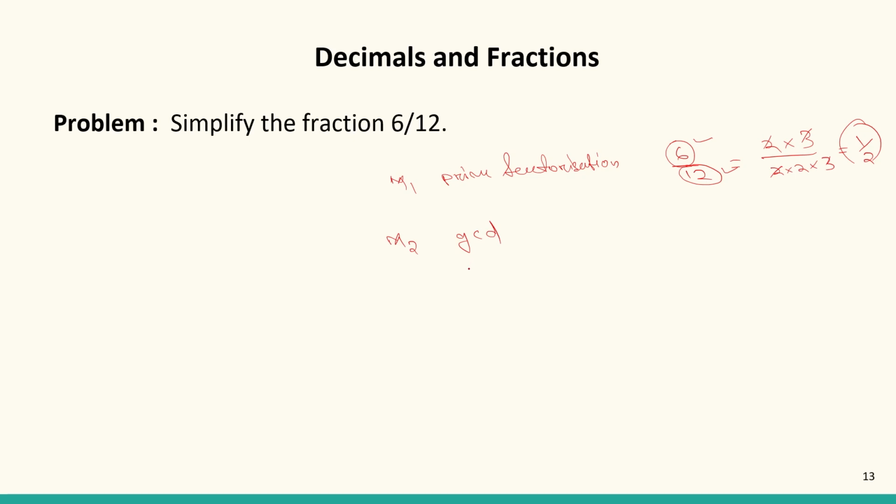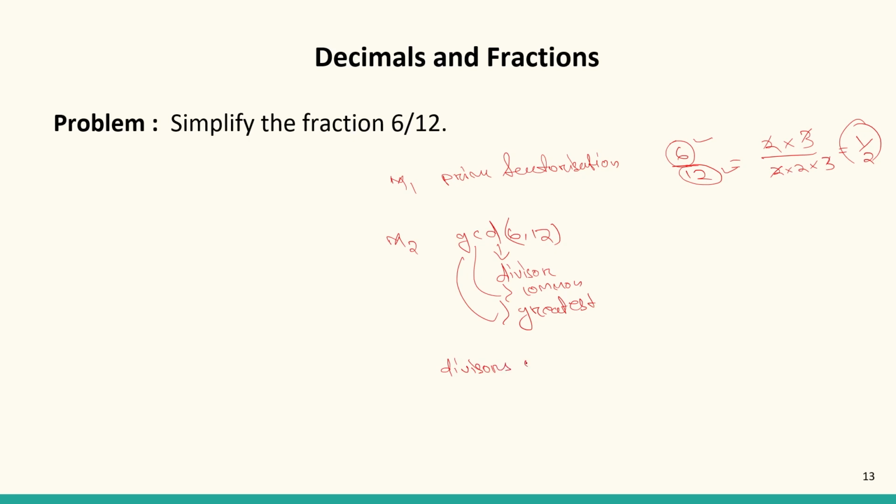And let's see the method of GCD. Let's find out the GCD of 6 and 12. How can we find it? What is GCD? Greatest common divisor. In order to find the greatest common divisor, we need to see the divisors of 6 and 12 individually.